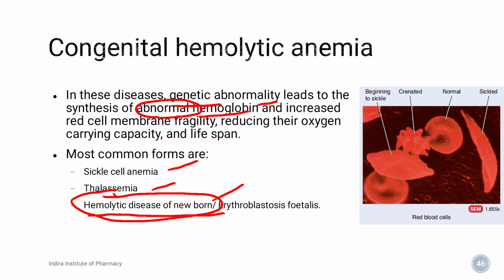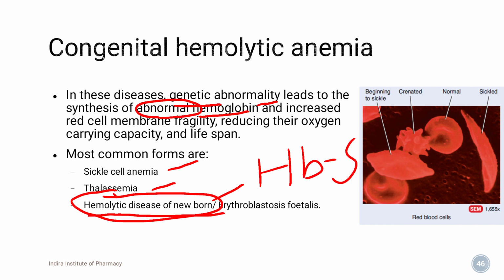Now sickle cell anemia, as I said, is a genetically inherited disease. There is an inbuilt abnormality. These cells have an abnormal type of hemoglobin called hemoglobin S, which contains faulty beta chains in the hemoglobin molecule.